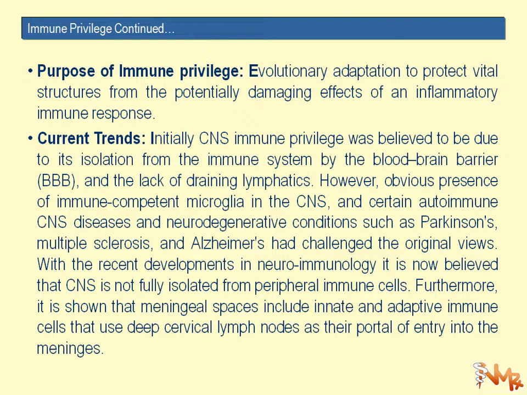With recent developments in neuroimmunology, it is now believed that the CNS is not fully isolated from the peripheral immune cells. Furthermore, meningeal spaces include both innate and adaptive immune cells that use deep cervical lymph nodes as their portal of entry into the meninges.